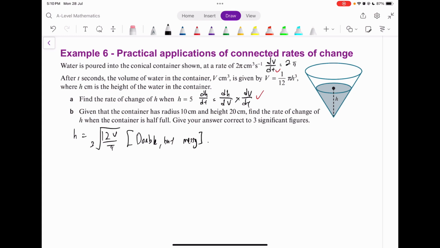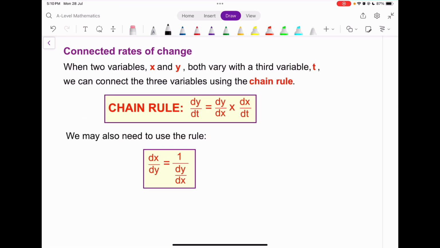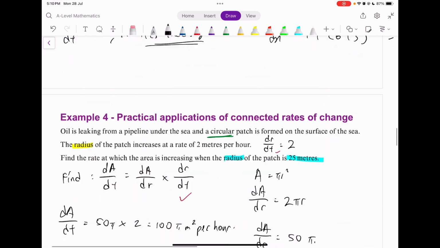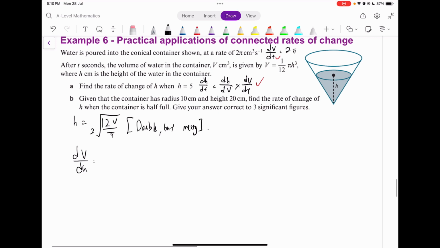So what do we do? If you remember, the reciprocal of dy over dx is just dx over dy. So hence, let's find out what dV over dh is, which is just 1 over 4 pi h squared.